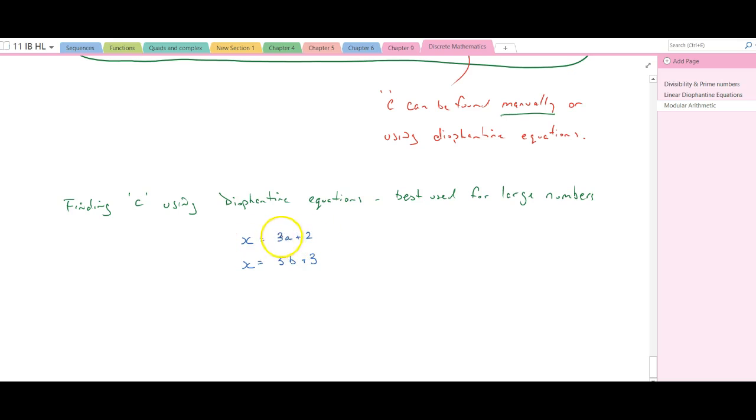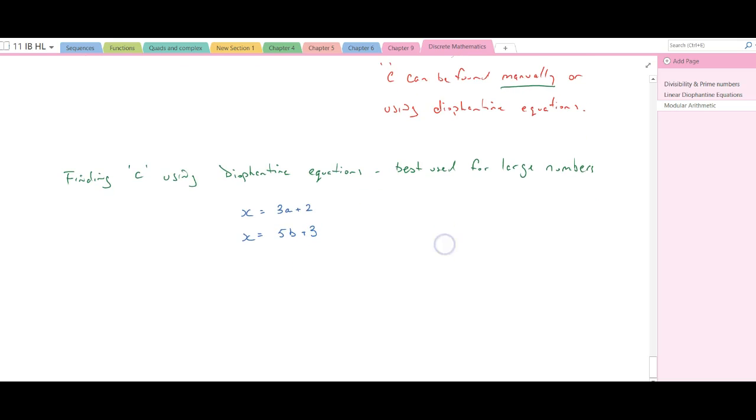So x is equal to some multiple of 3 with a remainder of 2, and the other equation is x being some multiple of 5 with a remainder of 3. So from there we can say that 3a plus 2 must equal 5b plus 3, and therefore 3a minus 5b must equal 1.